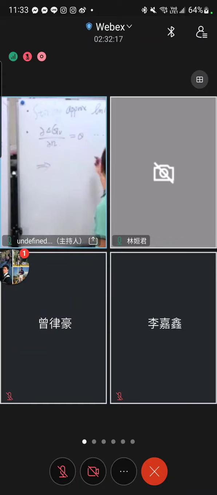Then the answer will be your n divided by N, because the number of vacancies is much smaller than N, so I will approximate it as this one.